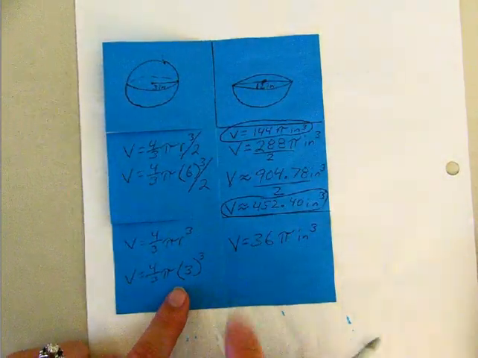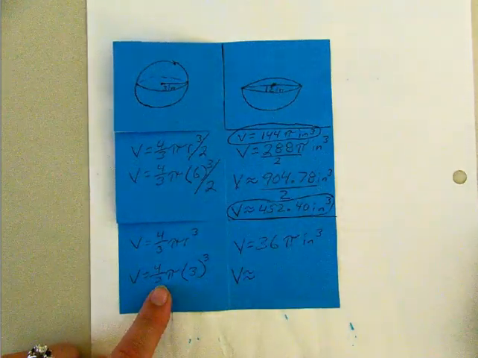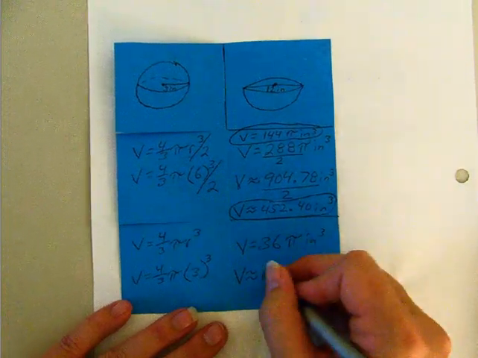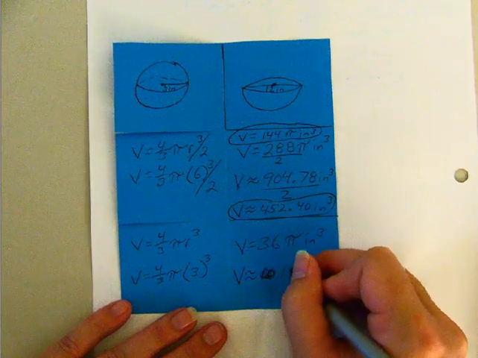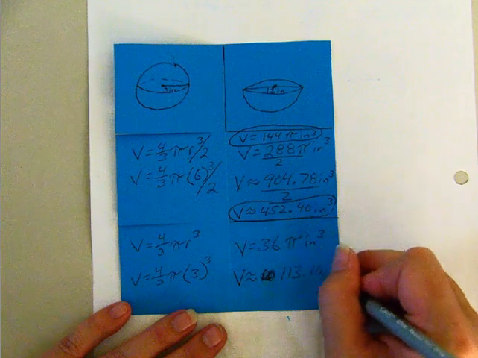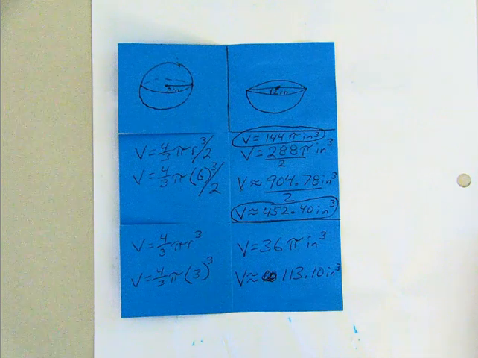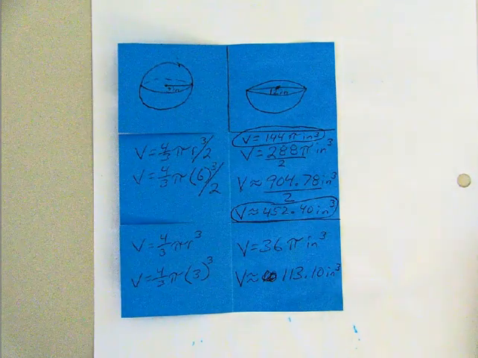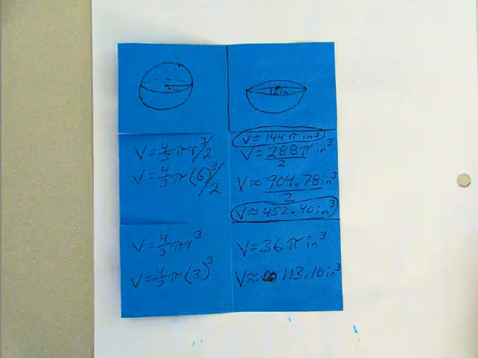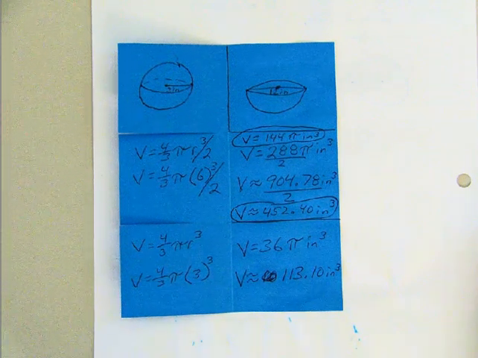Then when we move on to our decimal, now we're going to plug in the pi button, times pi, and we get 113.10 inches cubed with 2 decimal places. Okay? All right, great job with that. I apologize for forgetting about that 1/2 with our hemisphere. I got sidetracked there and completely forgot. So really important that you remember when it's a hemisphere, we have to cut it in half.